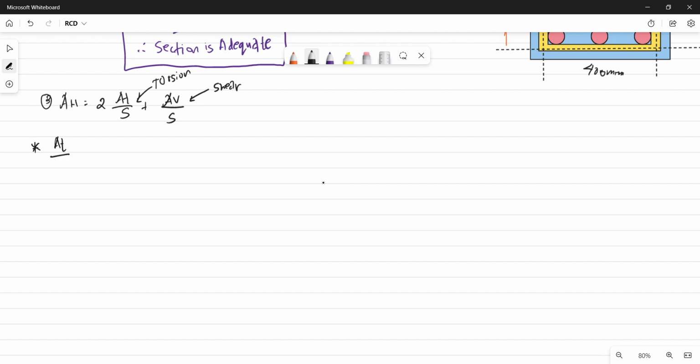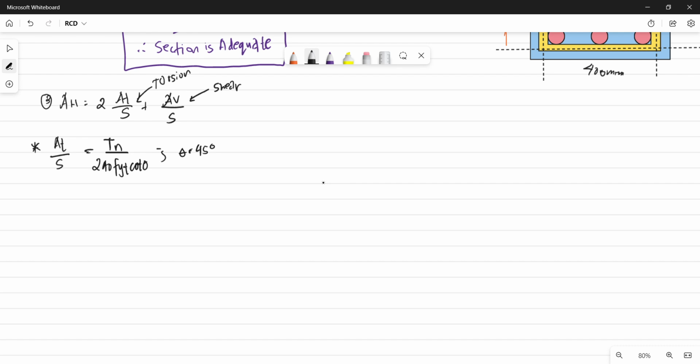AO over S is equal to Tn over 2 AO FYT cotangent theta. So your theta here is 45 degree.